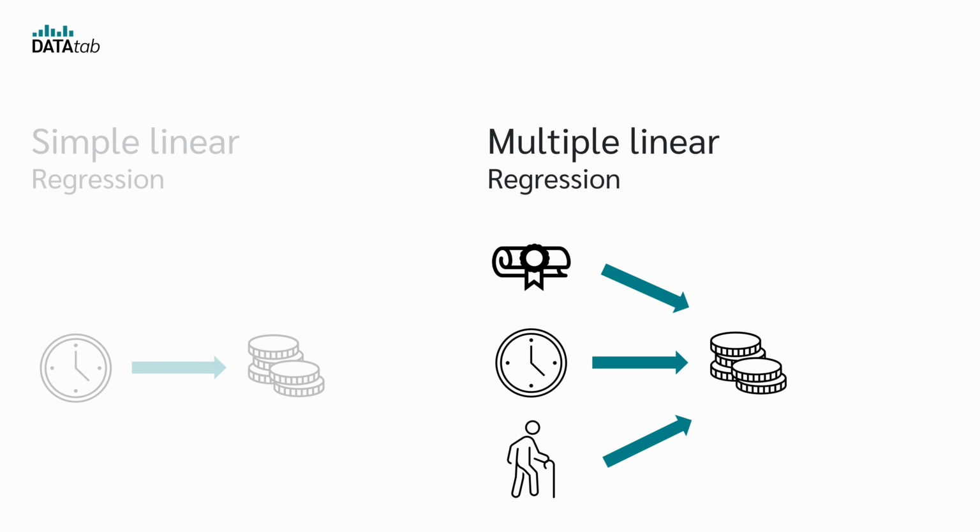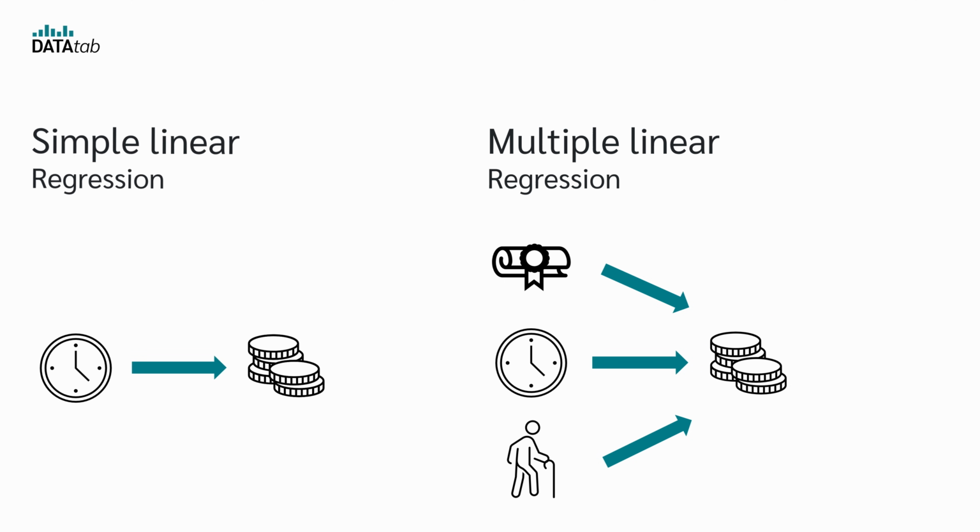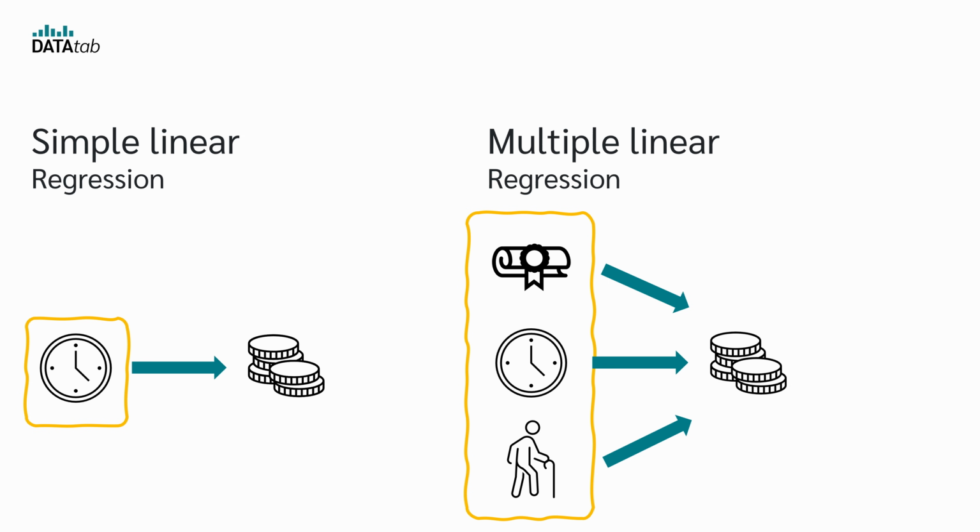Multiple linear regression, on the other hand, uses several independent variables to predict or infer the dependent variable. Therefore, the difference between a simple and a multiple linear regression is that in one case only one independent variable is used, and in the other case several.